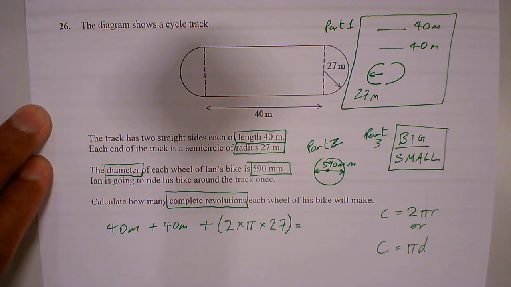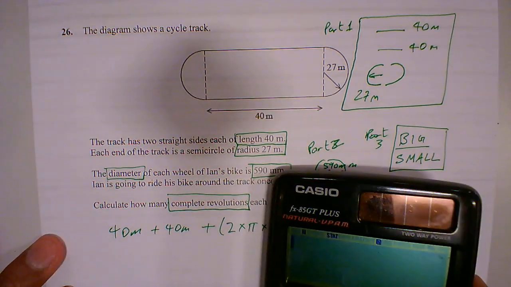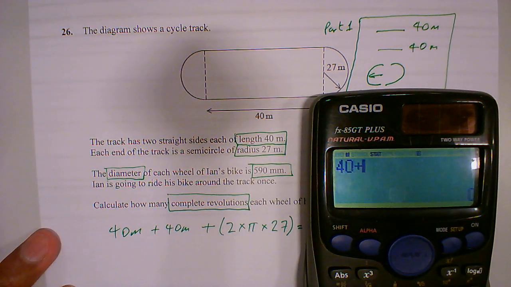Okay, I get my calculator out and I work this out. 40 plus 40 plus bracket 2 times pi.